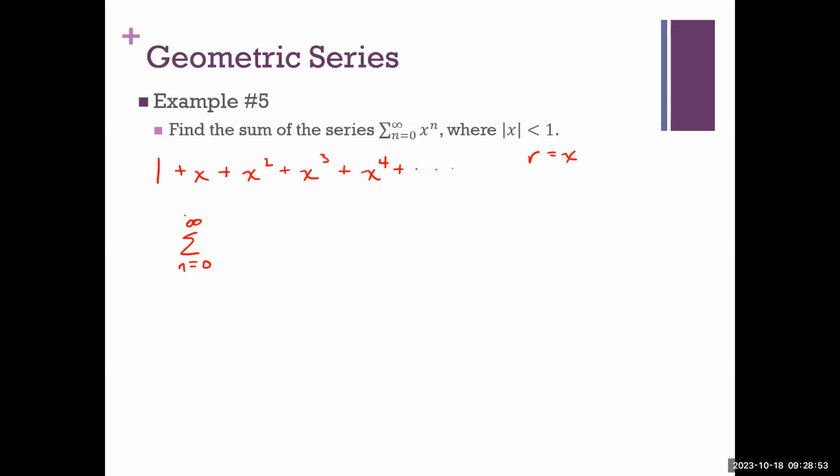The common ratio has an absolute value that's less than 1. So since I've guaranteed that x is going to be bounded below and above by -1 and 1, we can guarantee that, right? So you should be able to find the infinite sum of this geometric sequence. Any ideas what that could be?